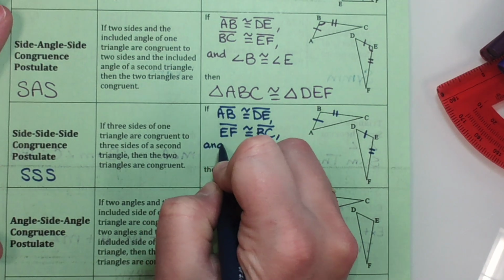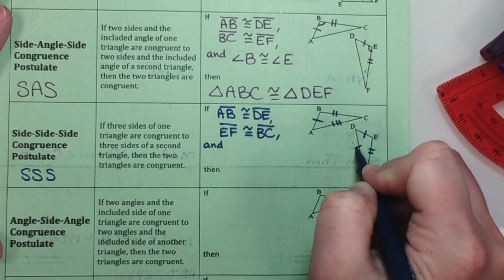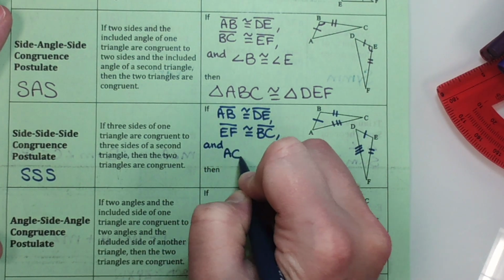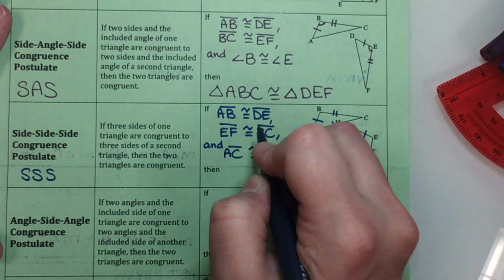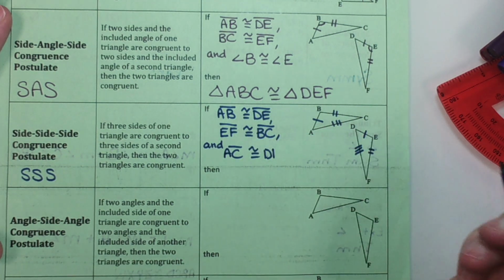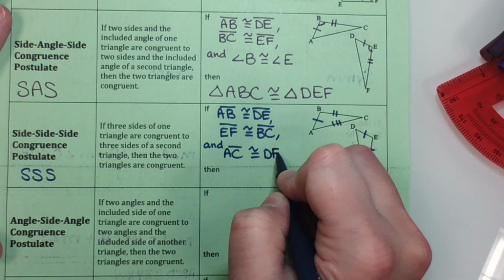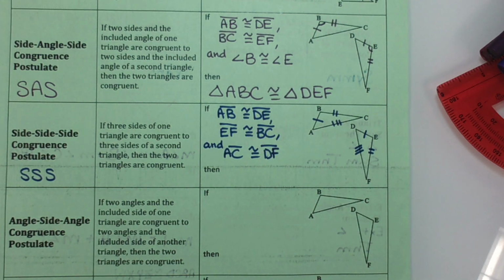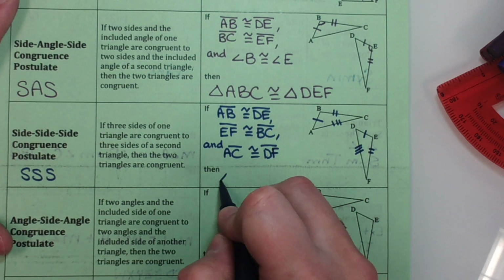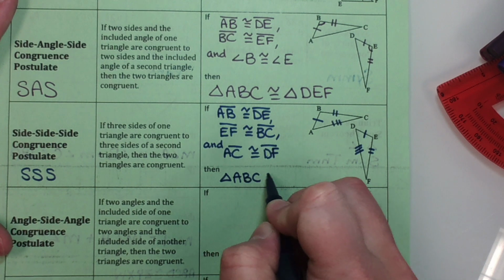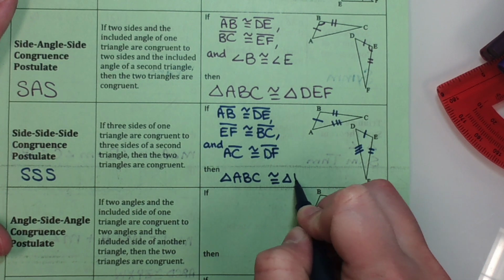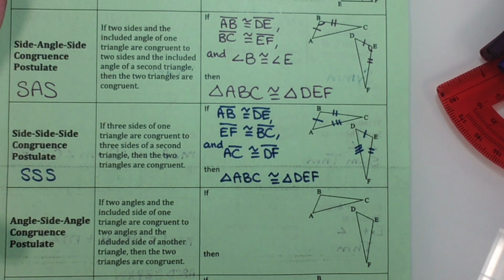And if you know the third side of each of the triangles, AC is congruent to DF, if you had all three pairs of sides congruent, then you could say the triangles were congruent. Again, note the markings that I put on the picture. I put the tick marks there for a reason.